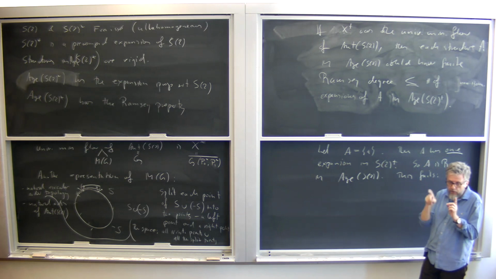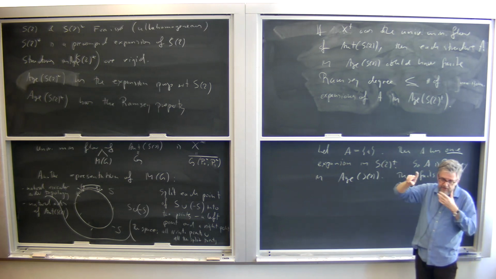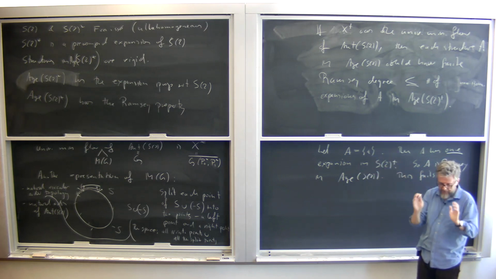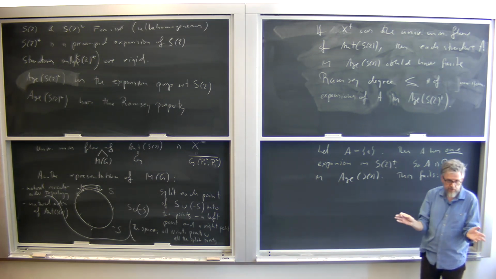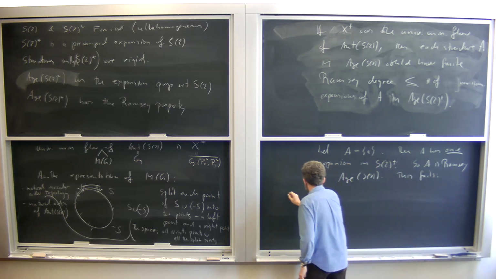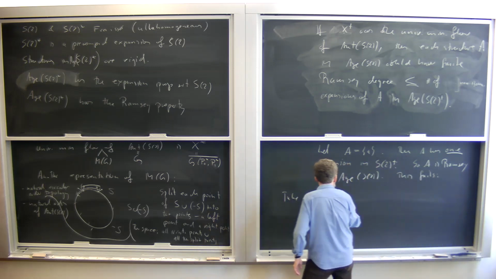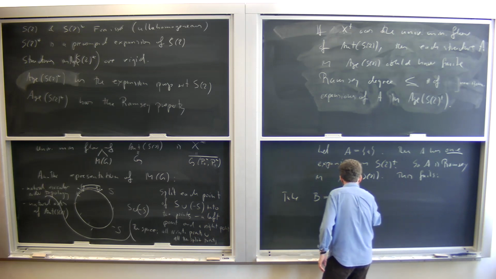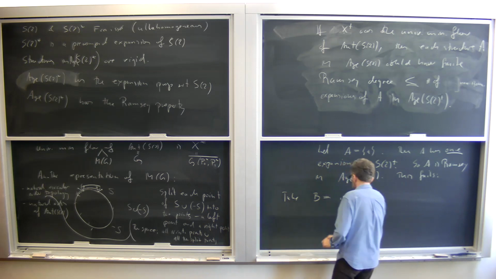So for this A, no matter what B I take, if I color all the singletons of my structure into 2 colors, there will be a copy of B whose all points get a single color. Okay, so take B to be this structure.